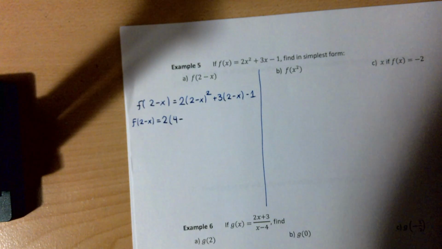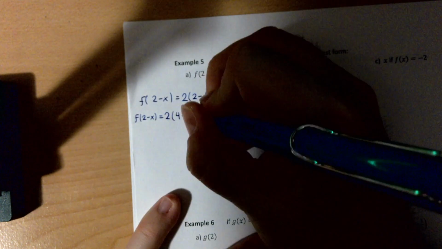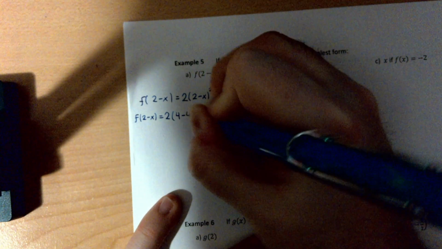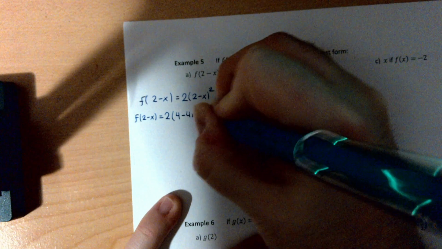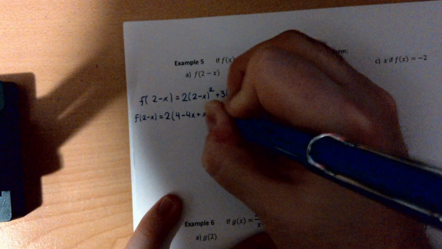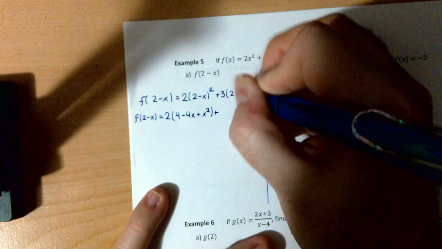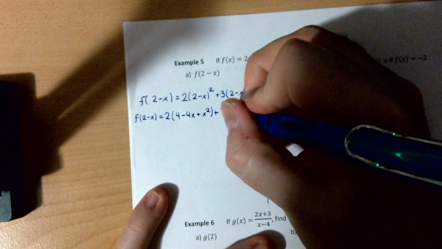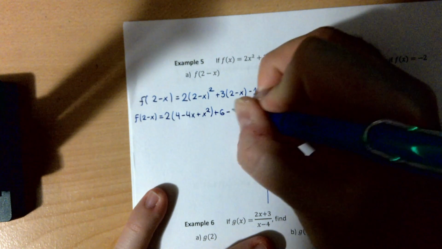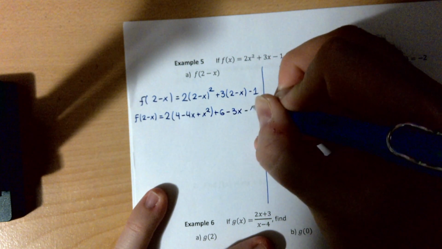So minus x times 2 is minus 2x, but then times 2 again is going to give me minus 4x, and then plus x squared, plus, and now this one's easy because I'm just applying this one number inside the bracket, 6 minus 3x minus 1.